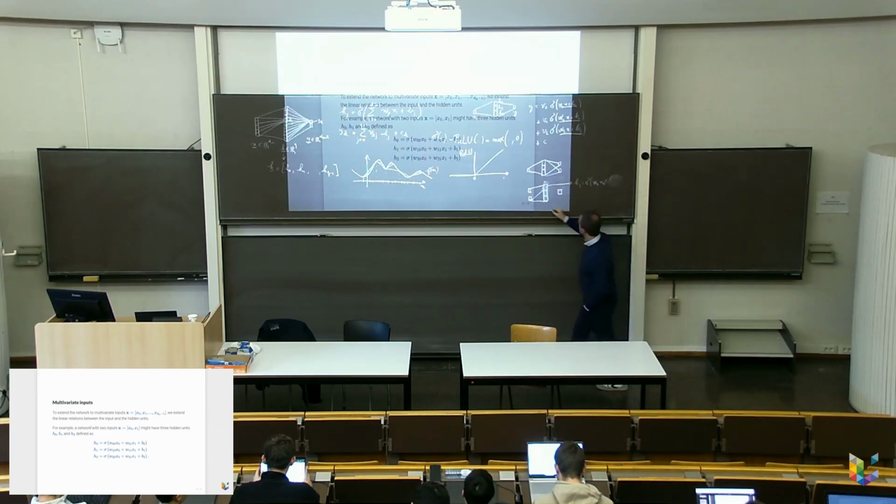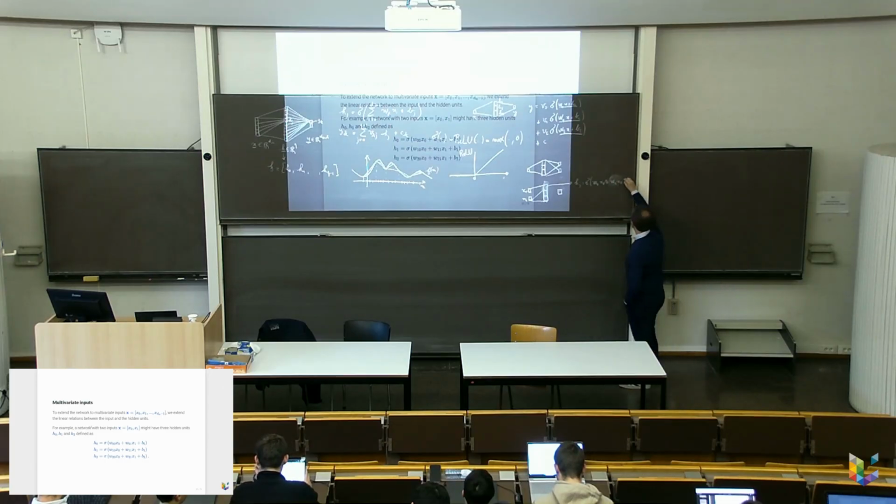So we have, let's say, x0, x1, and we'll just add them all together, multiplied by some coefficient, plus some offset, which is specific to this unit. And we have the j.